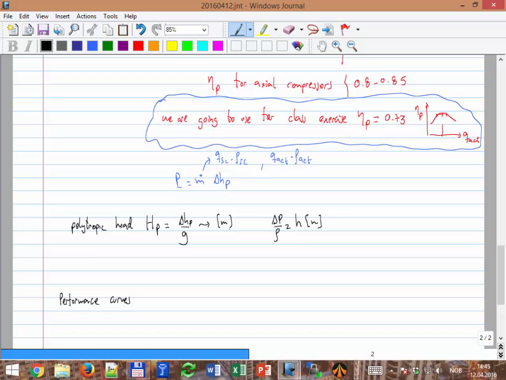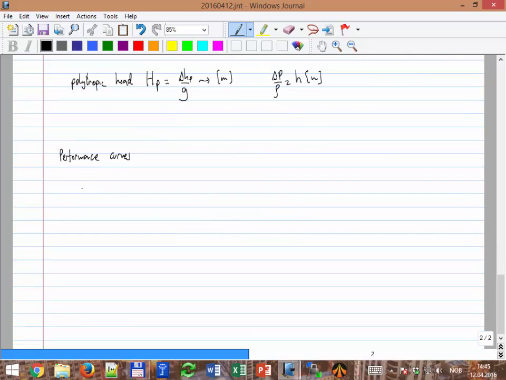Okay, so what kind of maps do we have? If we plot, like following the same case as the pump, we plot Q, and this is actual rate. Okay, it's the Q local. We call it actual, or in our course we are also calling it local rate.